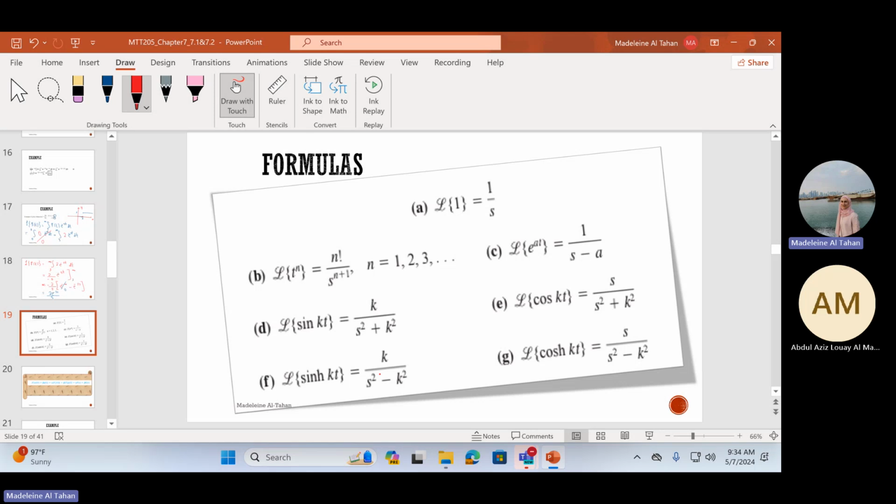It's easier for you if you put it as a table. We will give direct examples on all of these in order to be able to understand them and memorize them in class.